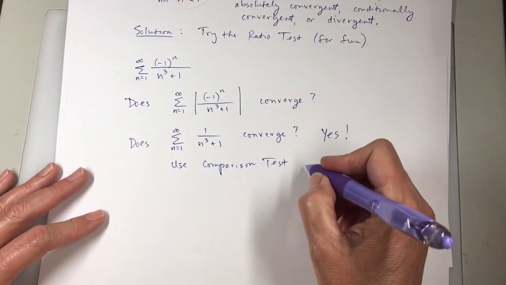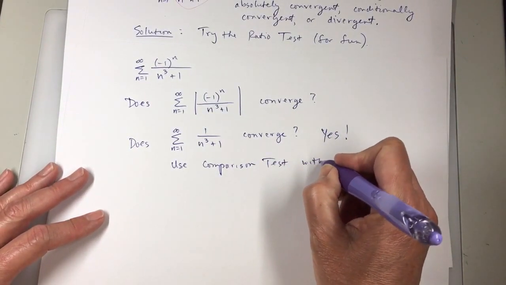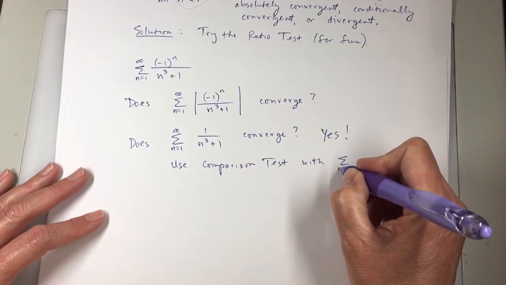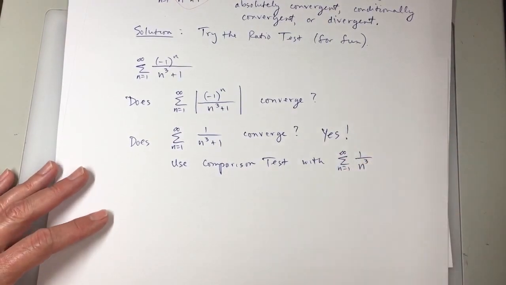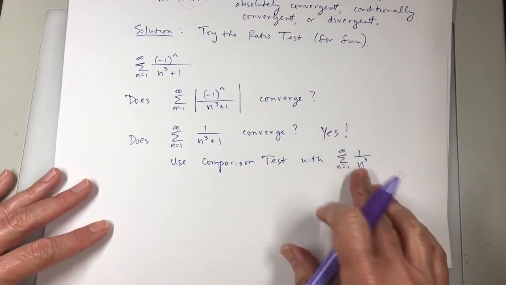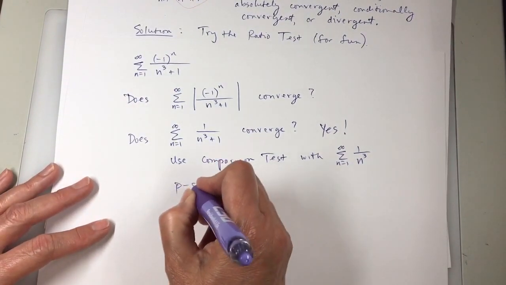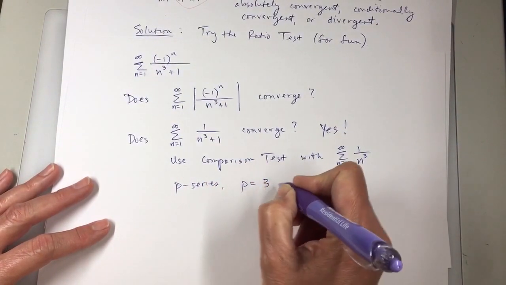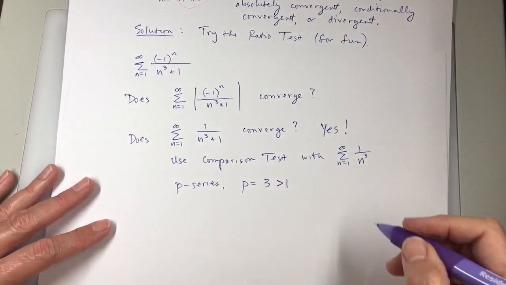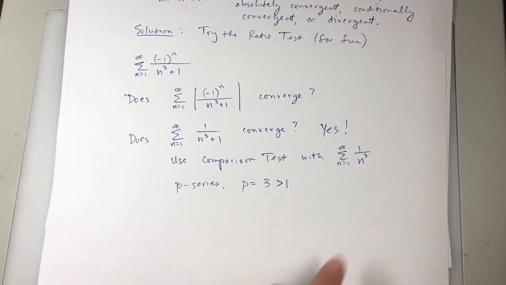Use a comparison test with the series as n goes from 1 to infinity of 1 over n cubed, which is a p-series. p equals 3, which is greater than 1. So this converges.